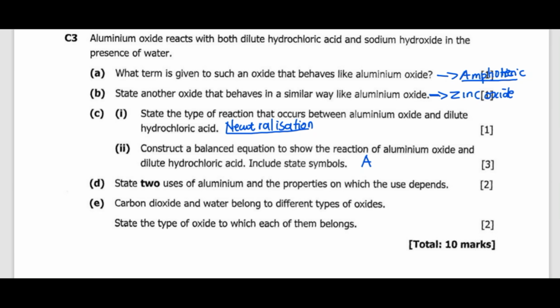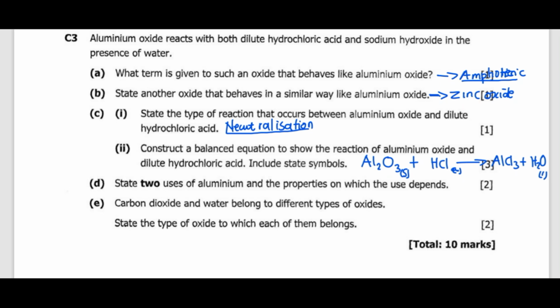So aluminium oxide is Al2O3, because aluminium has a valence of 3 plus, plus HCl aqueous. Then this will give us AlCl3 plus H2O.